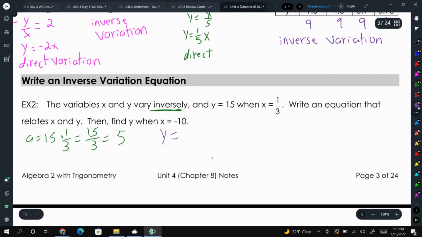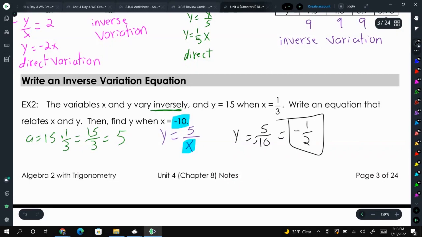So now our equation is going to be y equals 45 over x, and it's asking us now to plug in negative 10. So y equals 45 over negative 10, which is equal to negative 4.5.